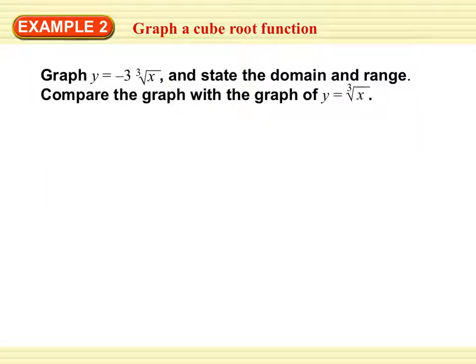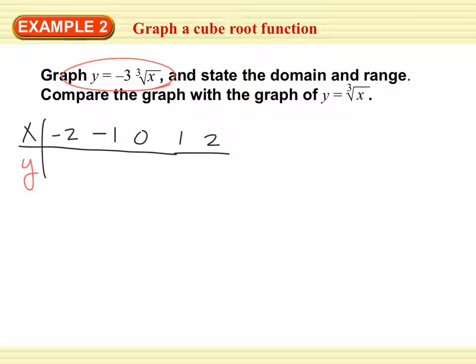All right, so graph y equals -3 cubed root of x, and state the domain and range. Compare with y equals the cubed root of x. Hold on. Now, this is a cubed root. You remember in cubed roots we're allowed to have negatives. So as I test points to graph, I'm going to put in some negatives too.